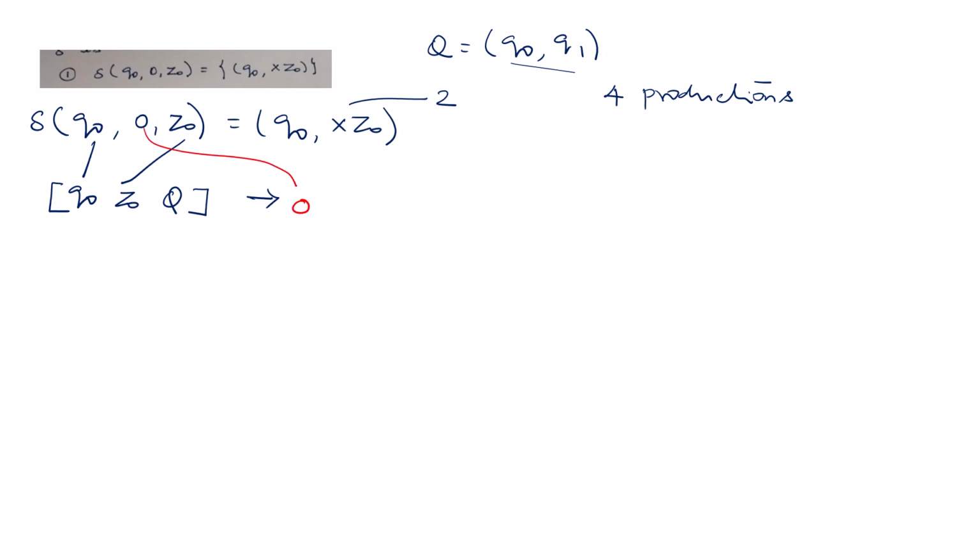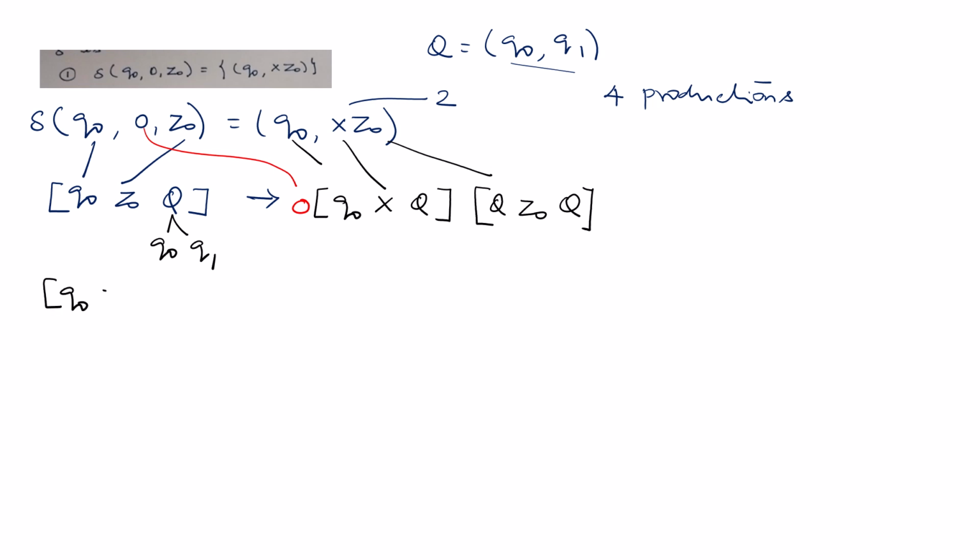Then we go with the input symbol 0, followed by Q0 and then X. Then we go with all possibilities of Q and one more symbol, Z0, followed by all possibilities of Q. So how can we write the 4 possibilities here? The possibilities are Q0 and Q1.